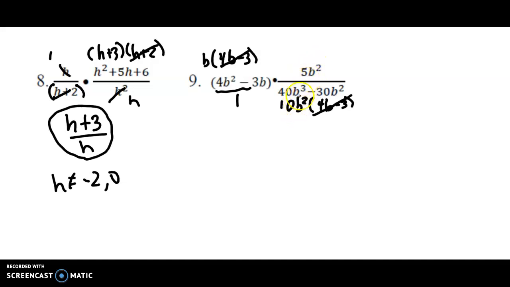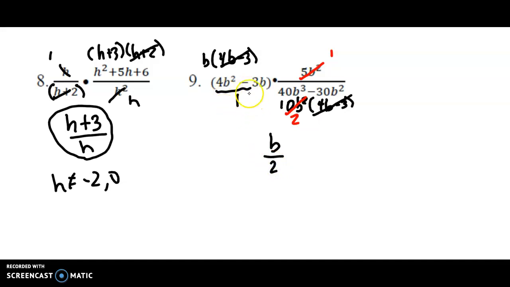I can do this because this is now a monomial and this is a monomial, so that's a legal move. If I divide that by 5b squared, I get 1, and if I divide this by 10b squared, I get 2. Now I can multiply. b times 1 is b, 1 times 2 is 2. The answer here is b over 2.